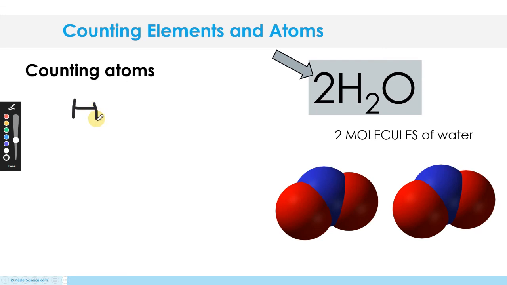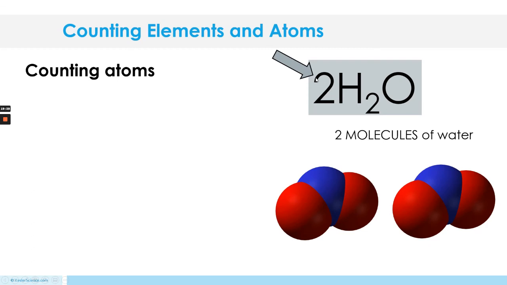Alright, so next thing I would do is I would write H equals and O equals. Then I would cover up my 2, pretend it doesn't exist, and then I'm going to look at H. H has a subscript behind it of 2, so I have 2 H's. And O has no subscript, so it means I have 1 O, 1 oxygen.